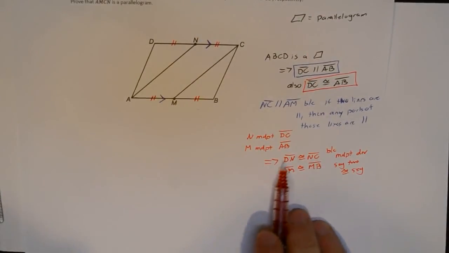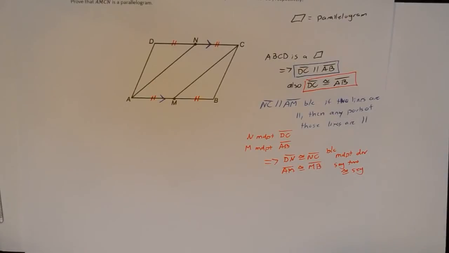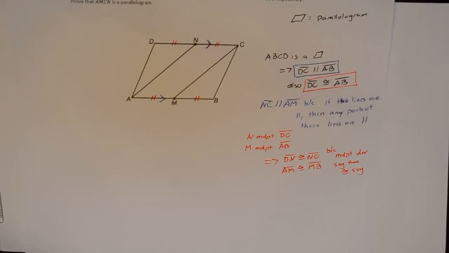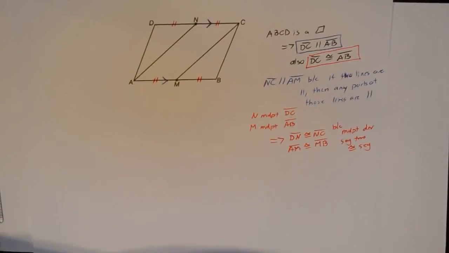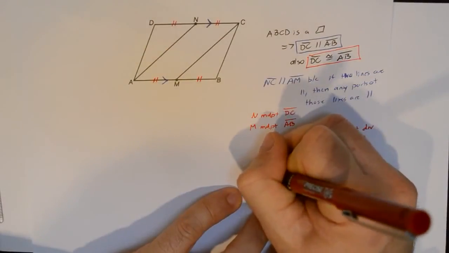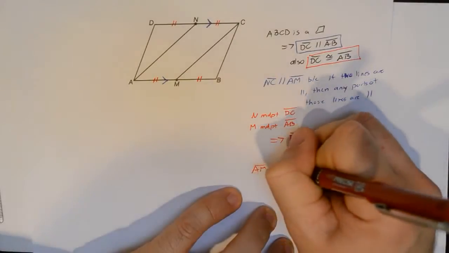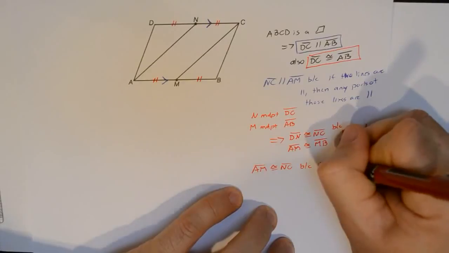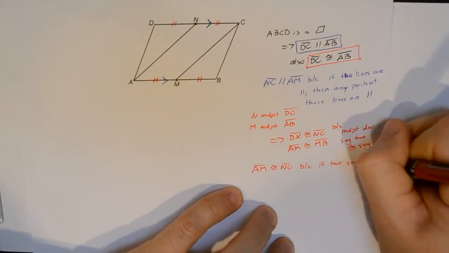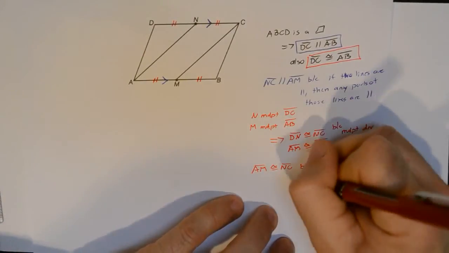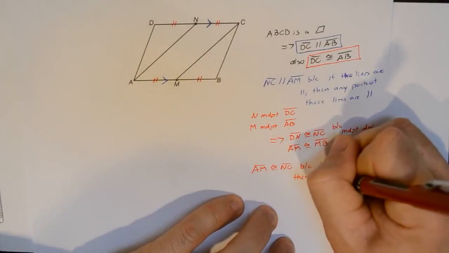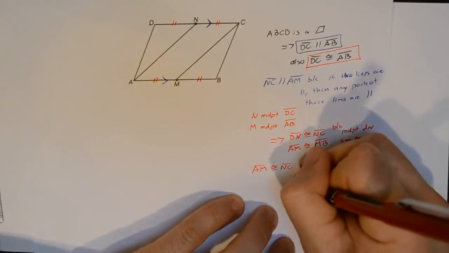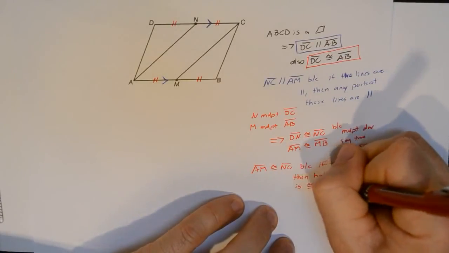But that's not exactly what I need to say. What I'm really trying to say is that NC is congruent to AM. Yeah? So maybe I could finish that by saying AM congruent to NC, because if two segments are congruent, then half of one segment is congruent to half the other.